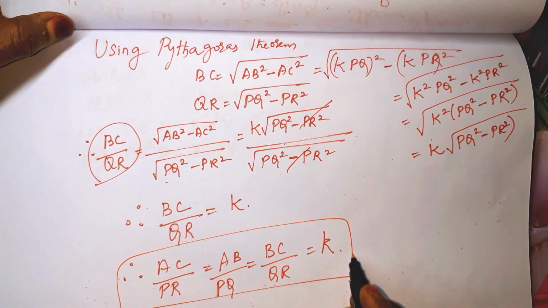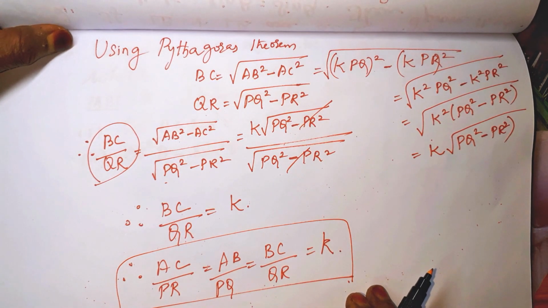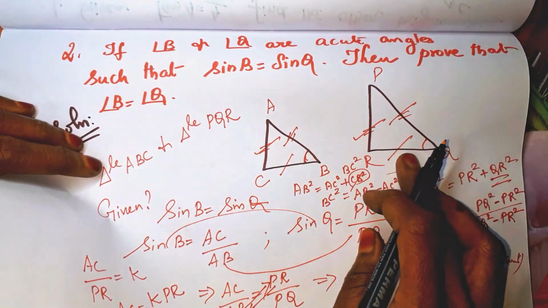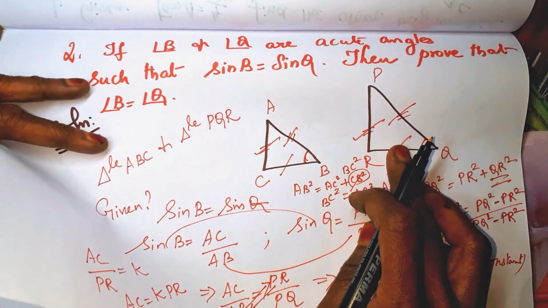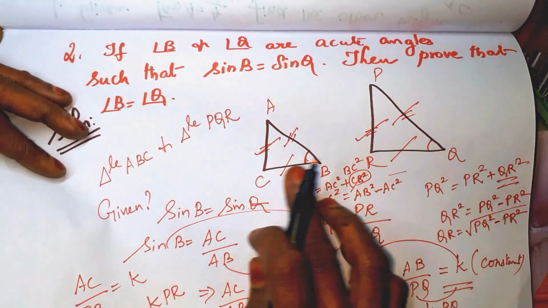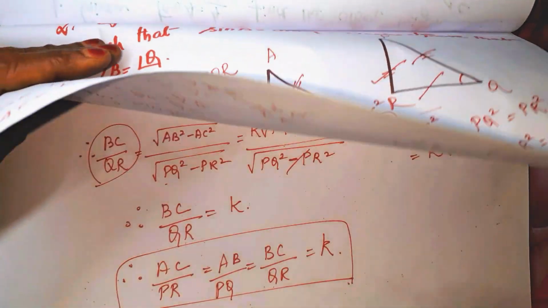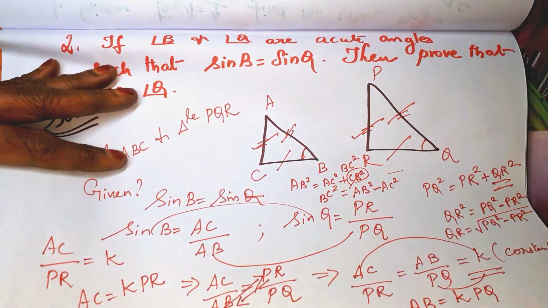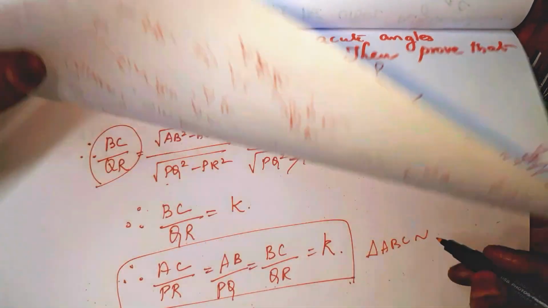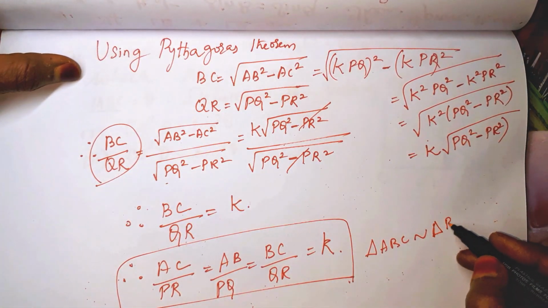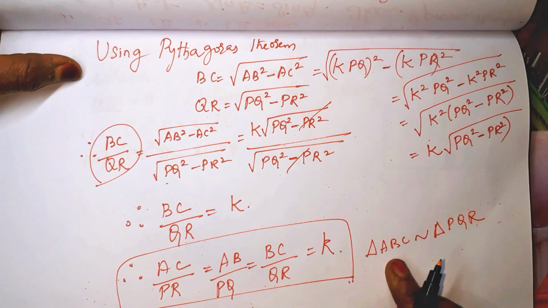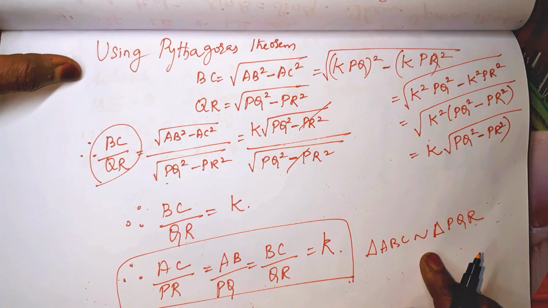If these ratios are equal, we already know that we have a theorem: if the ratios of the corresponding sides are equal, those two triangles are similar triangles. Therefore, we can conclude triangle ABC is similar to triangle PQR.